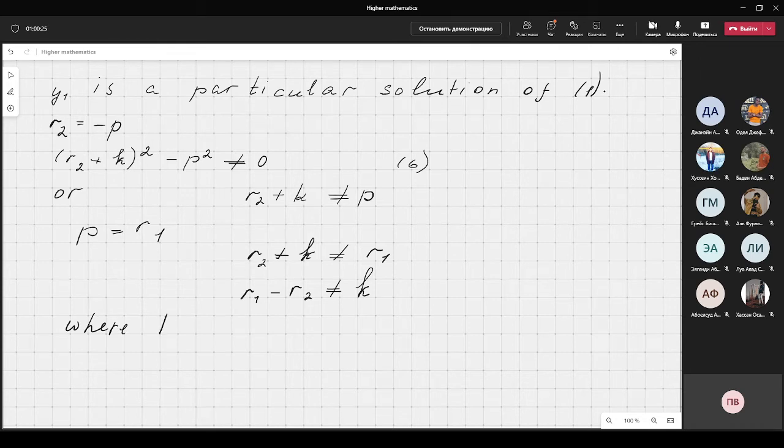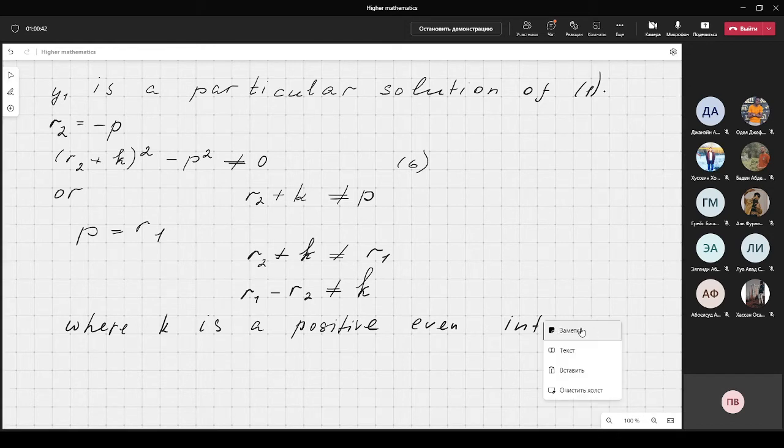But r first is p, r second is minus p, so r first minus r second is 2p.